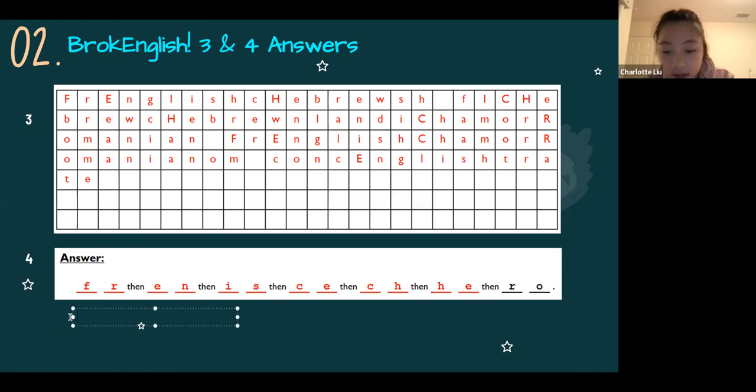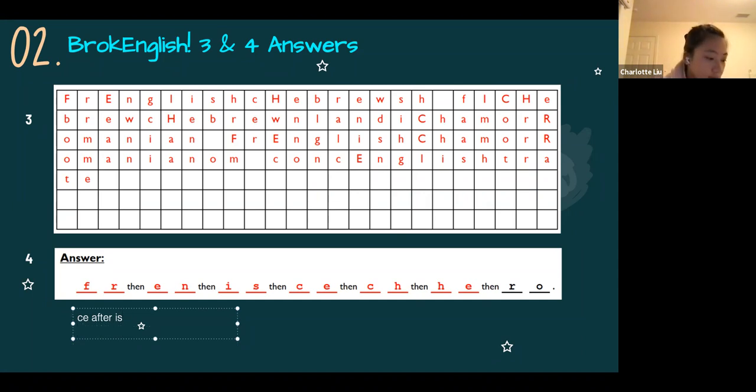So we see there that RO is last. And then we also see that CE has to be substituted after IS because Icelandic has C in it, so it has to be substituted after.